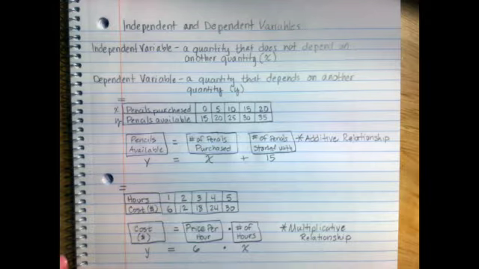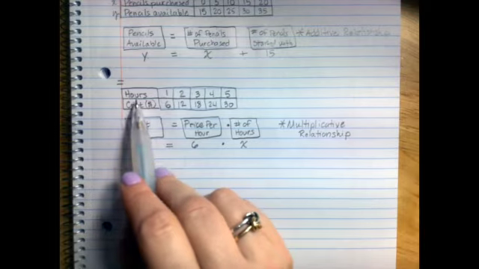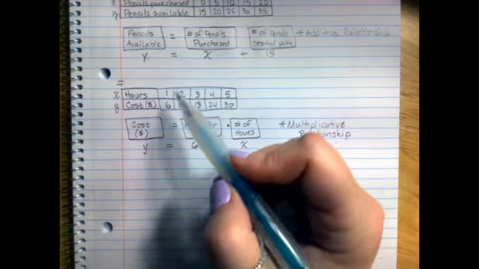Okay, now what does it look like if we do this one? Hours and cost. Again, when they write your table this way, they don't always have to write them across. They can write them up and down. I'll show you that in a minute. This is your y value. The cost is completely dependent upon how many hours you work or whatever this is.